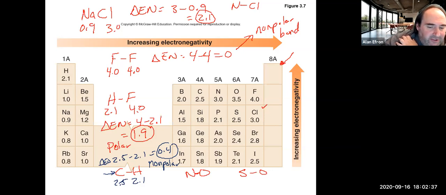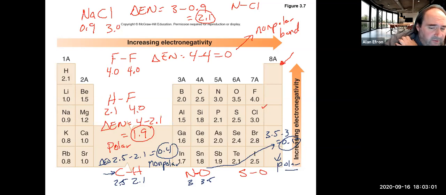If we look at nitrogen and oxygen, nitrogen is 3, oxygen is 3.5, so 3 and 3.5. So when we do the nitrogen oxygen, that is 3.5 minus 3, gives us 0.5. 0.5 is above 0.4, so this would be a polar bond in this case.